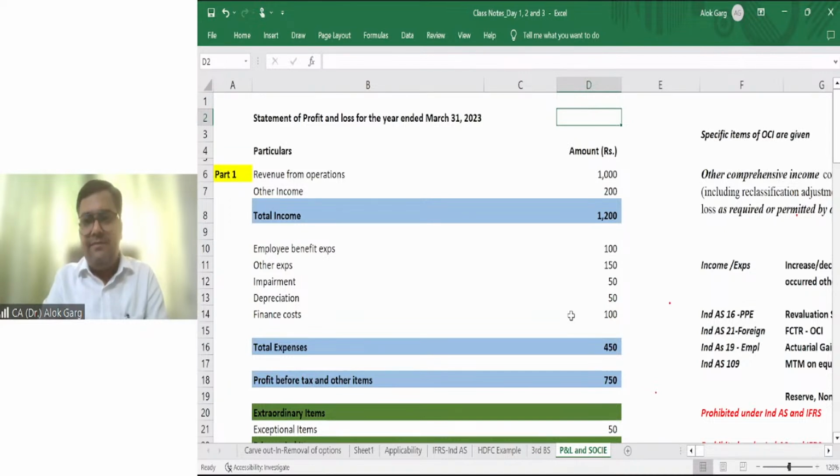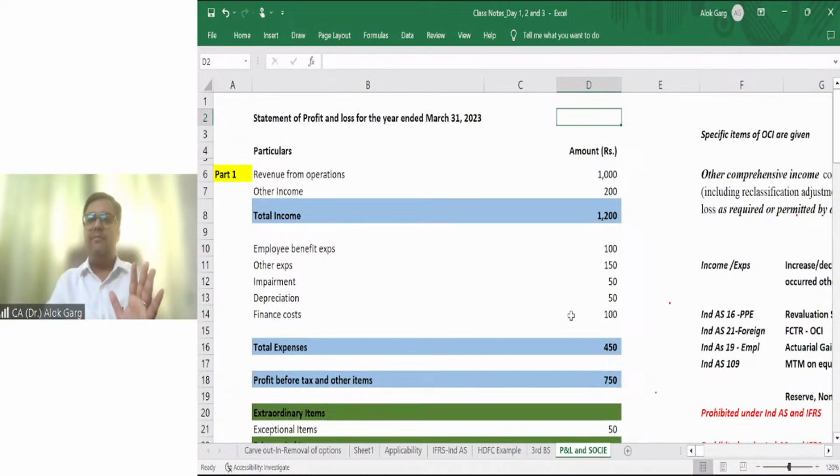Schedule 3 gives the format of profit and loss with the line items, but Ind AS 1 also prescribes minimum line item on the face of the P&L. Minimum line item like revenue, like depreciation, finance cost, tax. These kind of minimum line item has been given in Ind AS 1.